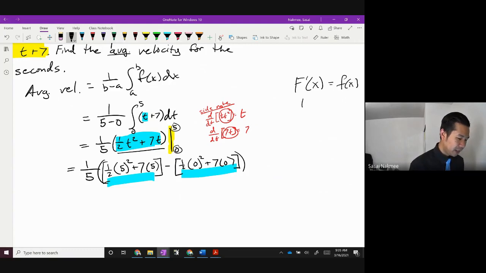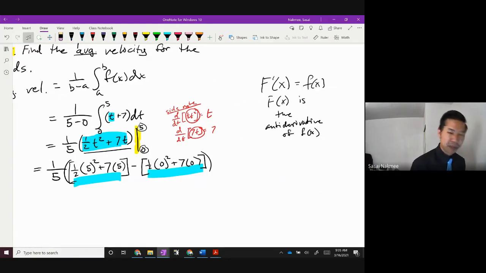And we say that F of x is the antiderivative of f of x. That's not the second part of the fundamental theorem of calculus. The second part is this.